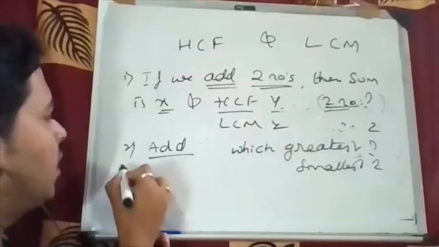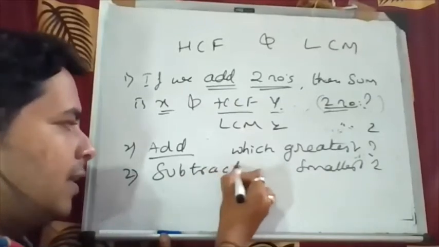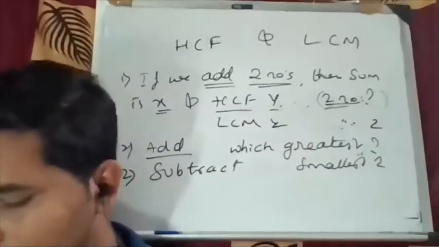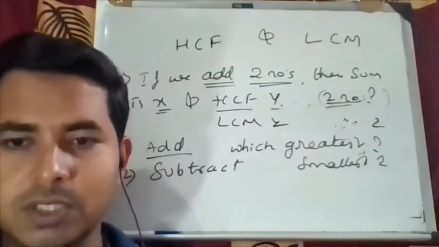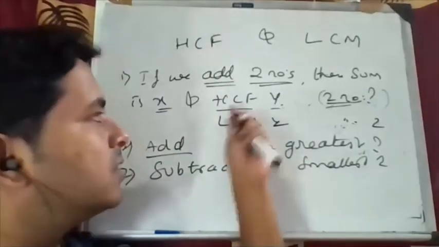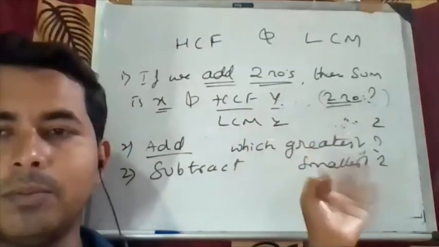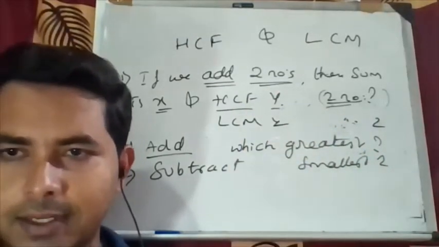Sometimes they'll ask if you subtract both the numbers. There are two numbers, we subtract, and the answer is some x, the HCF is some y and the LCM is given. What will be the greater number or the smaller number, they'll ask.